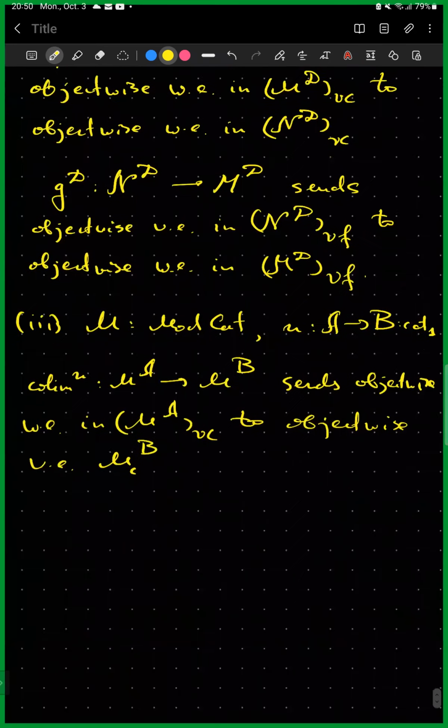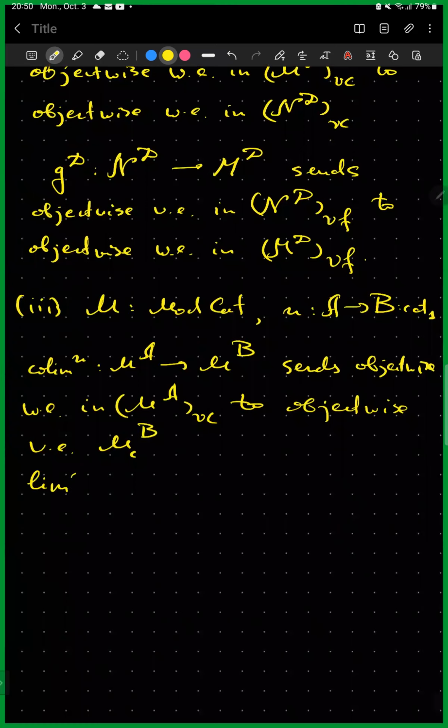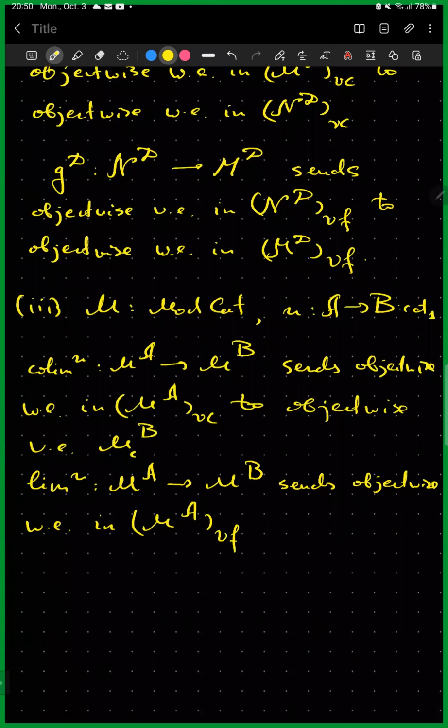And of course, the same thing holds for the limit functor, which sends object-wise weak equivalences in the subcategory of virtually fibrant objects to object-wise weak equivalences in the subcategory of diagrams with fibrant objects.